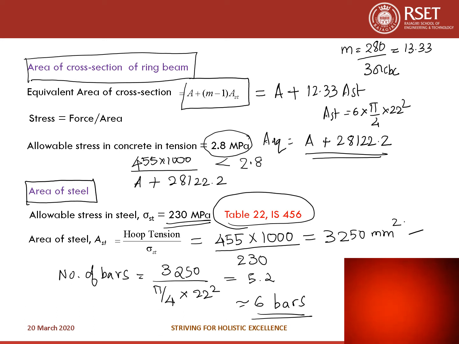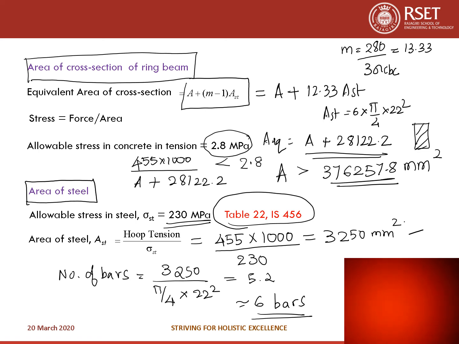So from this condition we get that A, the area of the rectangular section, should be greater than 376257.8 mm square.